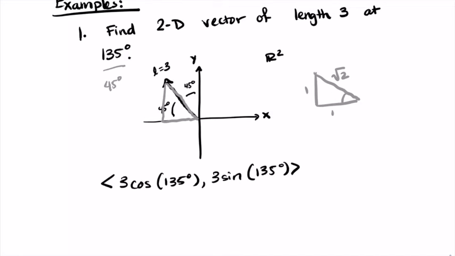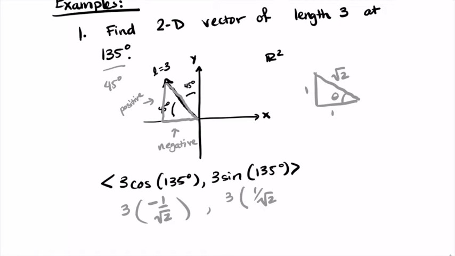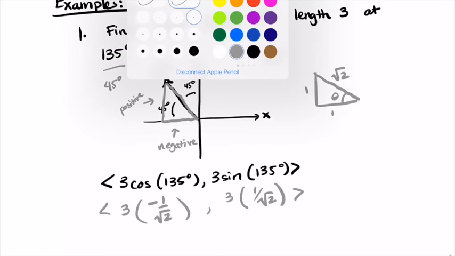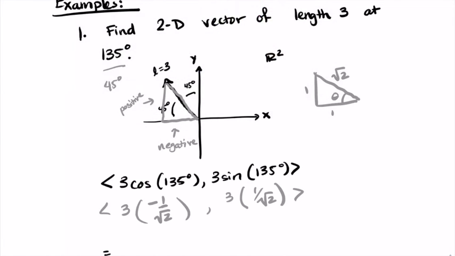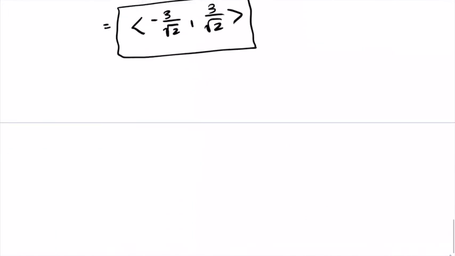So our cosine is adjacent over hypotenuse, so this should be negative 1 over square root of 2, because this side is negative, and this side is positive. And then here we should get 1 over square root of 2. So my actual answer, if I simplify, is just going to be negative 3 over root 2, comma 3 over root 2. Okay, let's do another example.